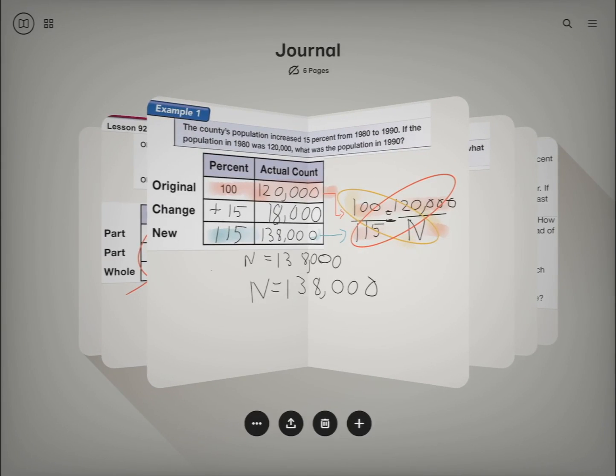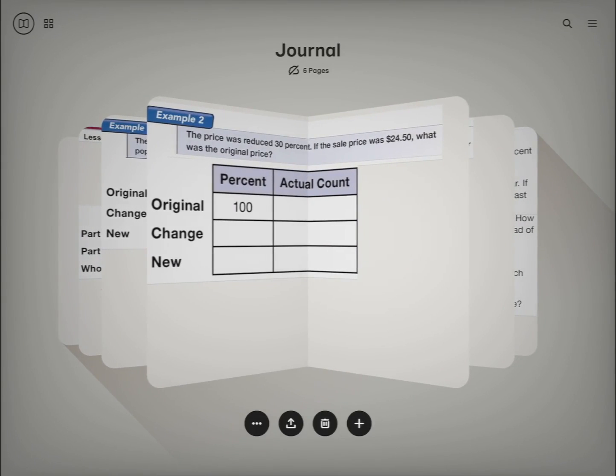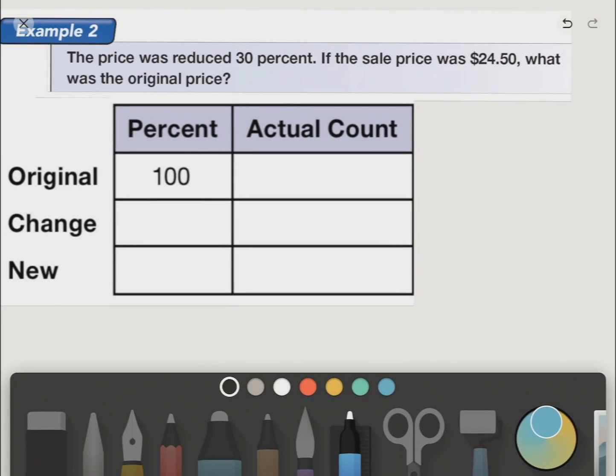Example number 2. The price was reduced 13%. I can already tell that the price is probably our actual count for the percent.